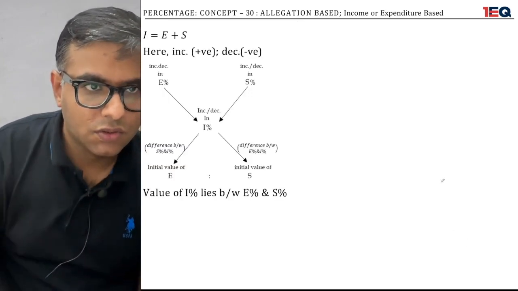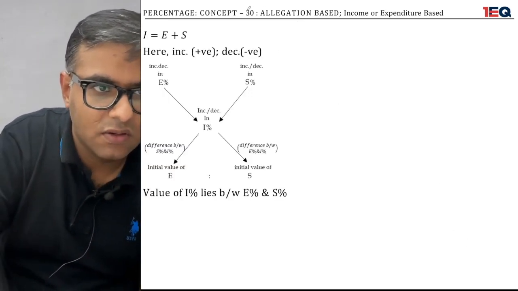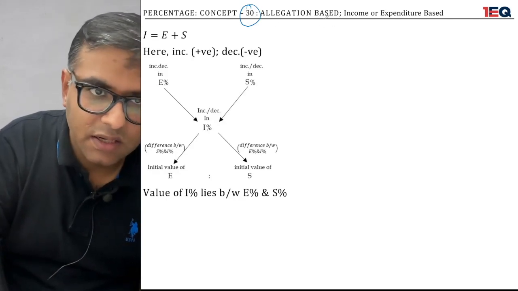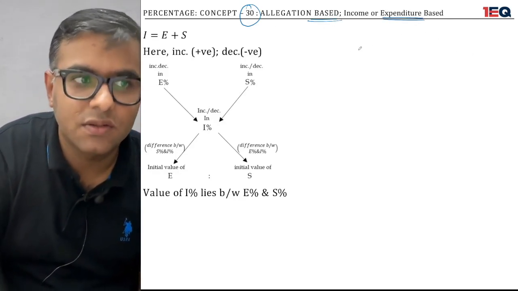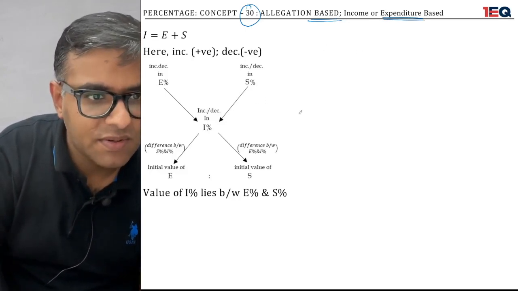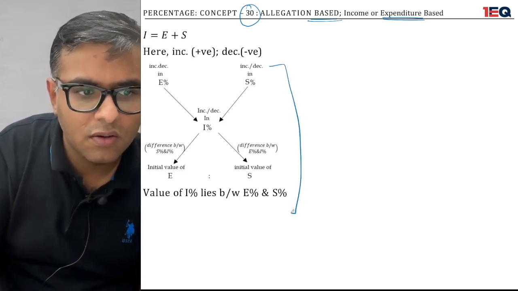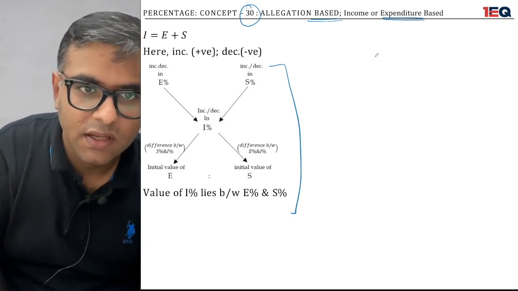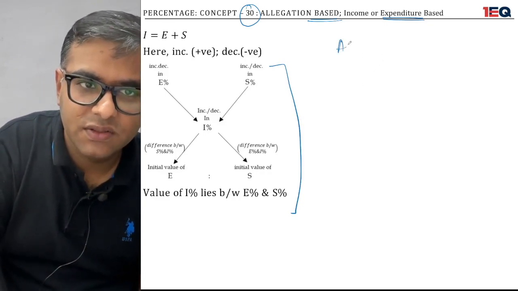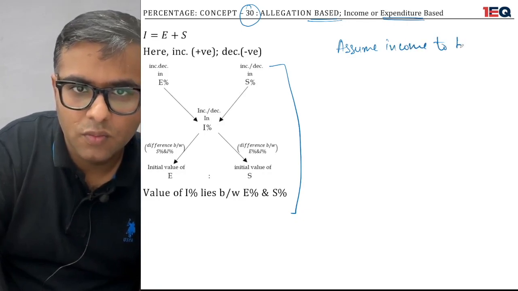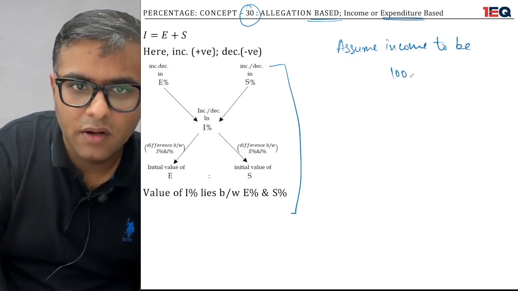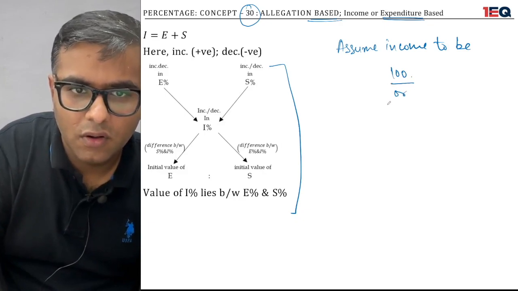Okay, I'm at concept number 30 now, and it says it is an allegation based or an income or expenditure based concept. This is a very long drawn method. You have to assume income to be 100 or 1000.